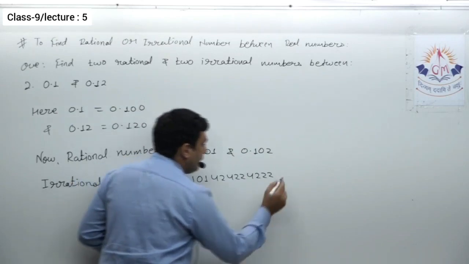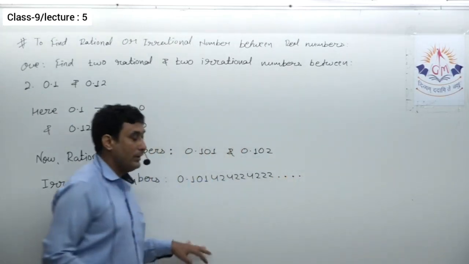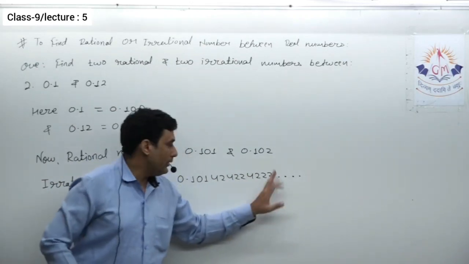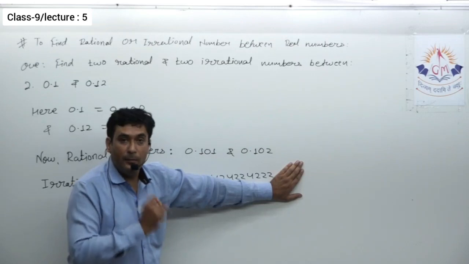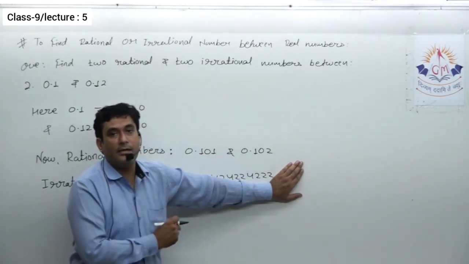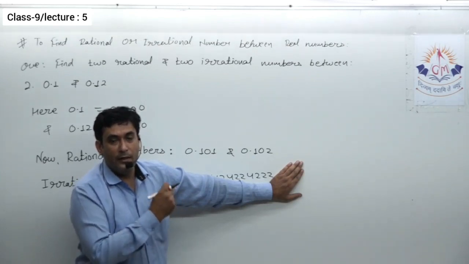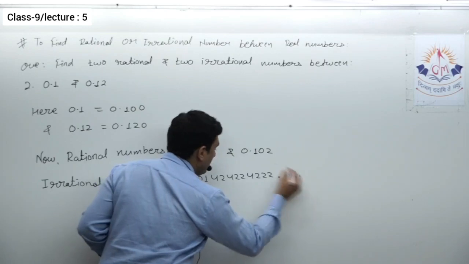The only thing that you have to keep in mind is that you have to apply at least 4 dots. If you don't apply these dots, it means if you write it in this way, it will be considered a terminating decimal, and in that case it won't be considered an irrational number, it will be considered a rational number. So don't forget to apply these dots.